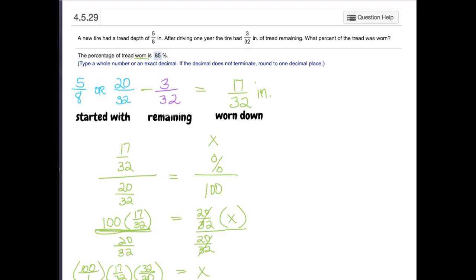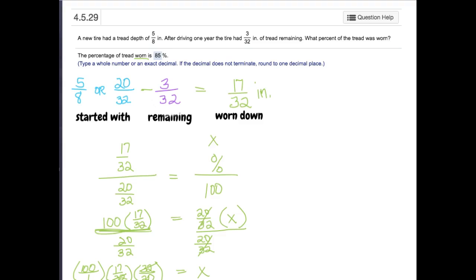Now the nice thing here is that look what happens to our 32s. We have a 32 in the numerator and denominator, and those cancel. So now, to find our X value, what we can do is multiply 100 times 17 and then divide that by 20 because in the denominator we have a 1 and a 20.